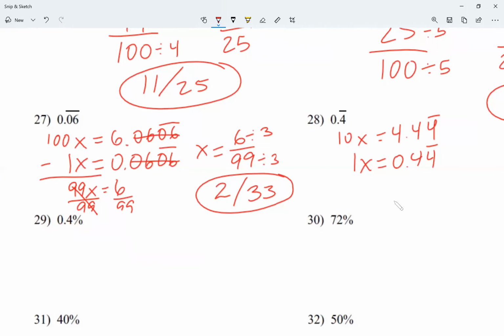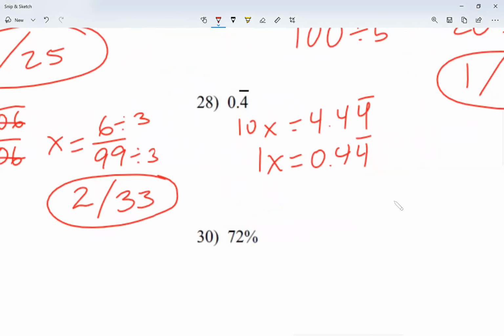And right now, number 28, I only said 10x, right? Some of you might be asking, why is it 100 in one question and 10 on the other? The reason why is because of number 27, two numbers kept on repeating. So I'm going to use two zeros, 100. Now, number 28, only one number keeps on repeating. So only one zero. Okay.